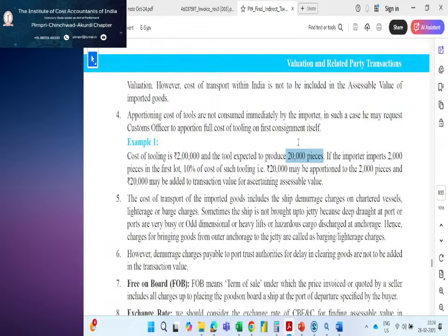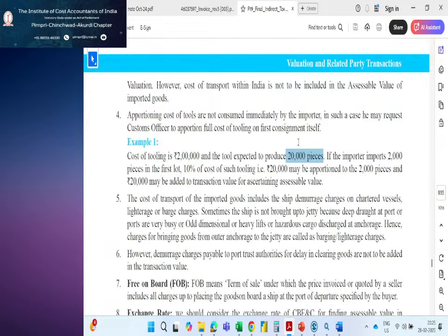It will be stopped in the middle because of the heavy shipment, or because most of the harbor is full of parked ships and there is no place. In that case, whatever charges are paid, we call them lighterage charges. So those charges should be included as the cost of transport of imported goods. It should include the ship demurrage on chartered vessels, and lighterage or barge charges.